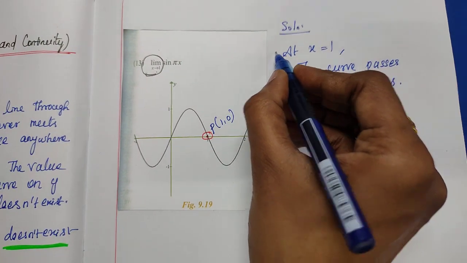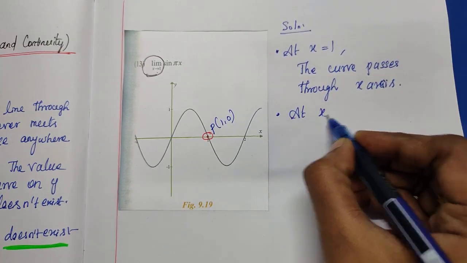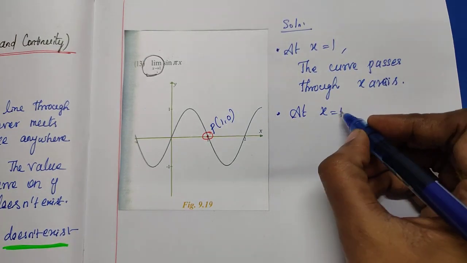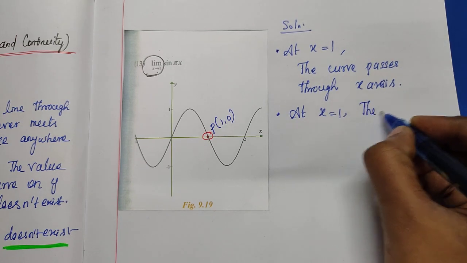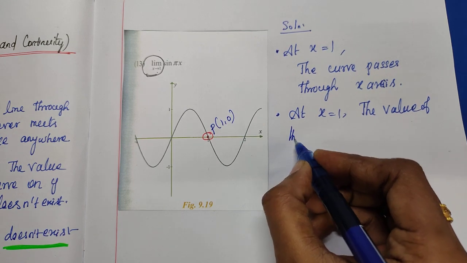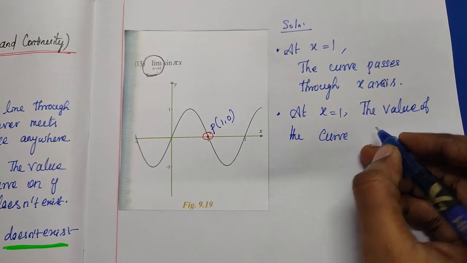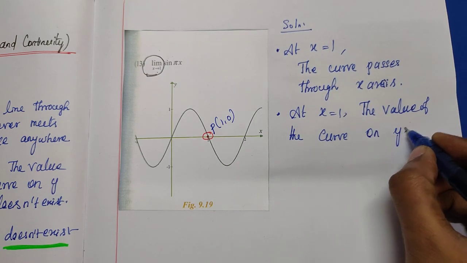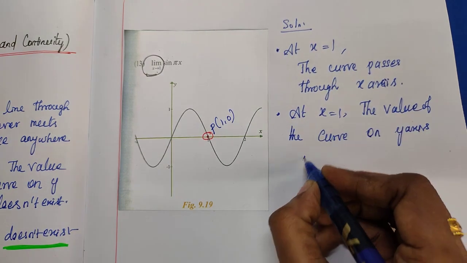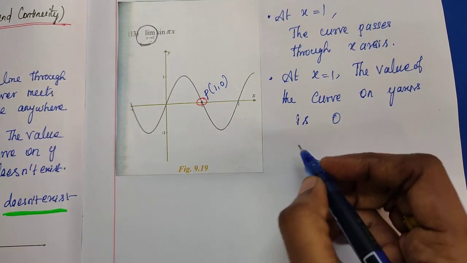Therefore, at x is equal to 1, the value of the curve on the y-axis is 0.